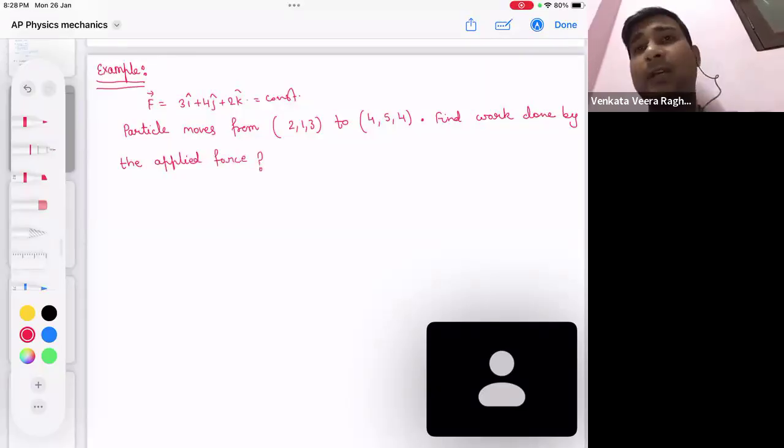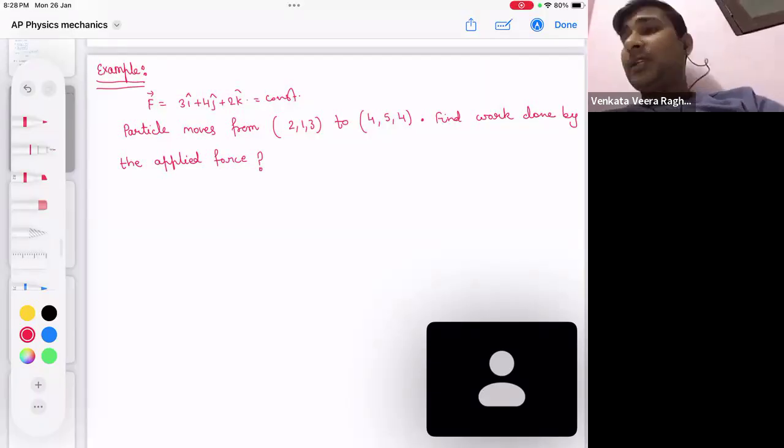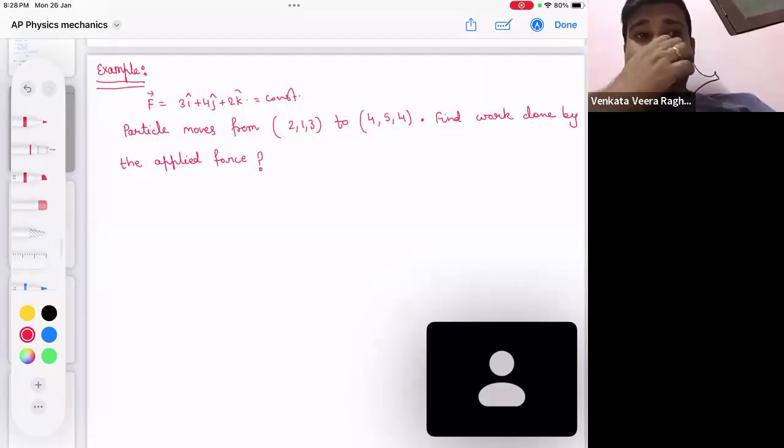Simple one, okay? Force is given and the particle's initial and final position is given to us. So from the initial and final position, can we find out what is going to be the displacement of the particle? And as you look at the force, it is a constant force. The work done can be directly calculated using what? Using the dot product method, isn't it?